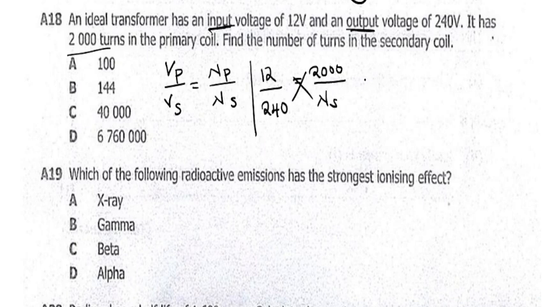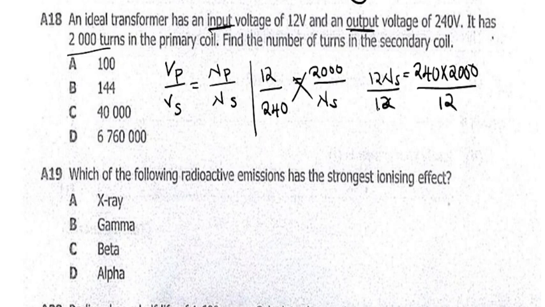So cross multiply, then we have 12 multiplied by the number of turns in the secondary equals 240 multiplied by 2000, divided by 12. So the number of turns in the secondary will be equal to, we first multiply what is on top, 240 multiplied by 2000, then we divide by 12. So we're getting about 40,000. So the number of turns in the secondary is 40,000 turns.